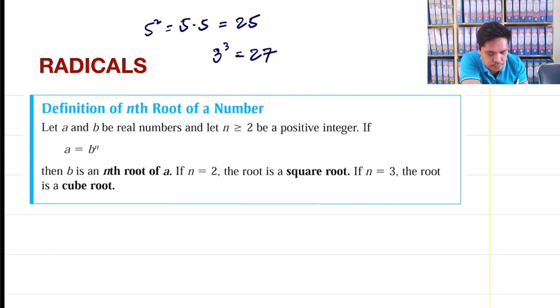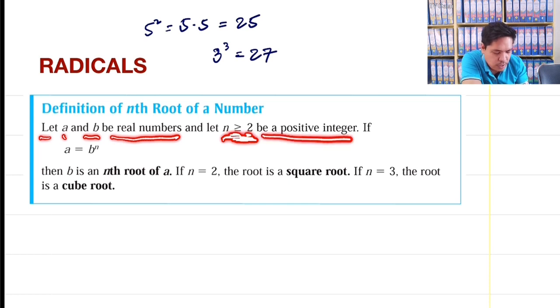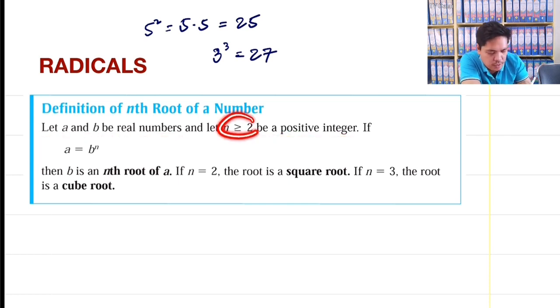Okay? So, if we let a and b be real numbers and n be a positive integer greater than or equal to 2. So di pwede yung 1 at saka yung 0. If we have a equal to b raised to n, then b is an nth root of a.